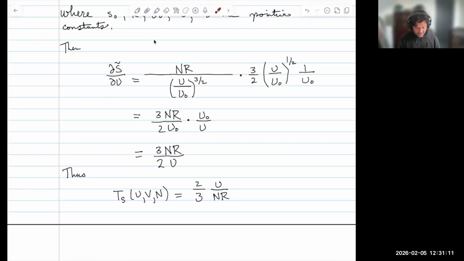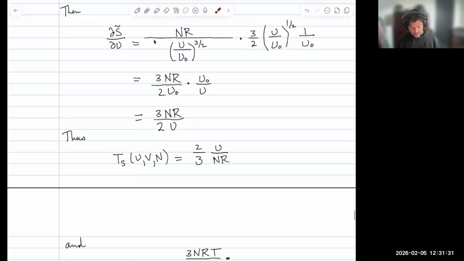The derivative of S with respect to U is going to be 3/2 NR over U. So if I invert that, I get the S temperature is equal to 2/3 U over NR. That's the temperature of an ideal gas in the entropy relation.